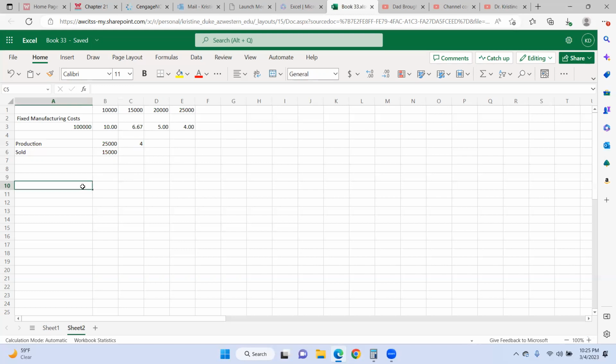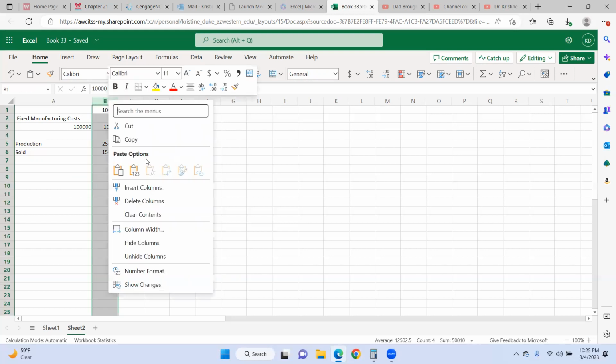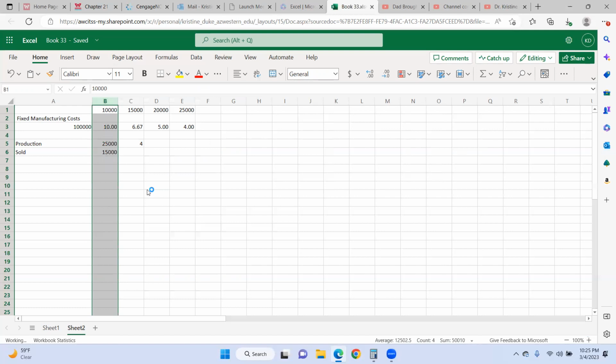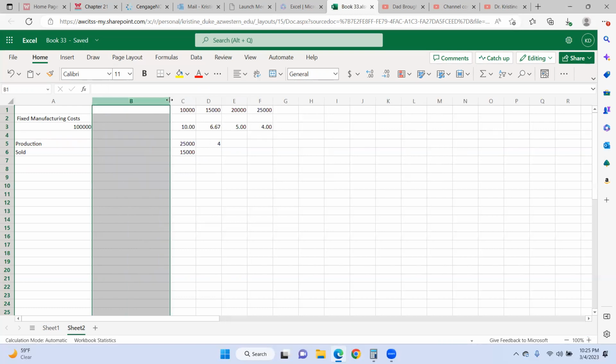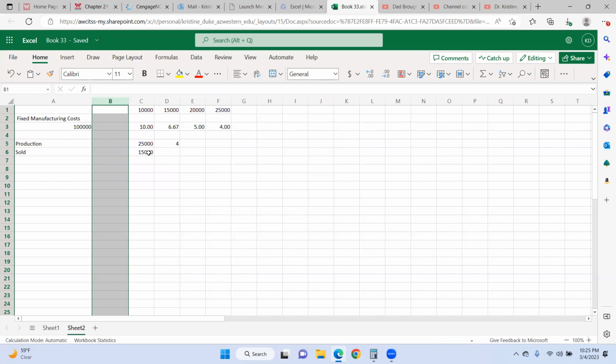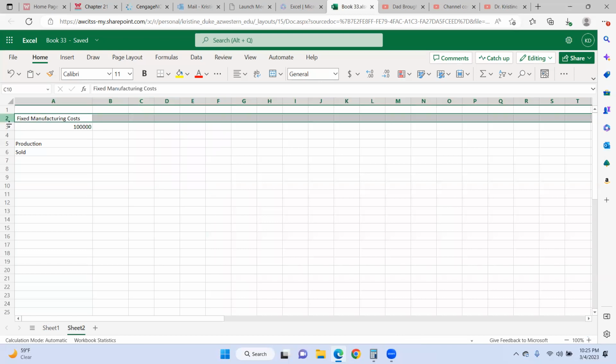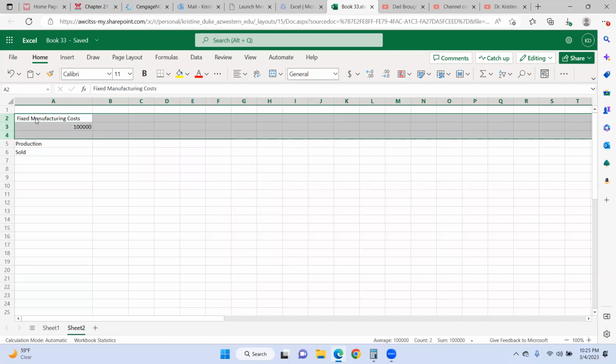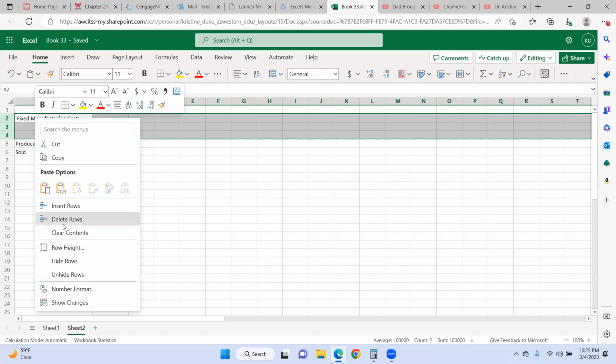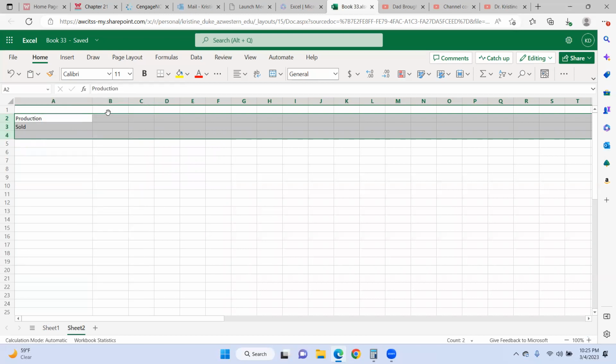So, okay, let me see if I can do this a little bit better. I'm going to move this. I'm going to do one more thing, insert a column, just because I want you guys to see this and to understand why, even though we know that absorption is GAAP, we know that a variable income statement is needed.